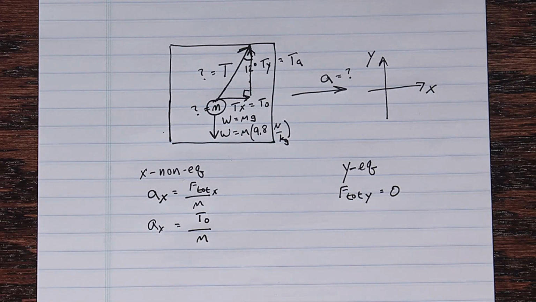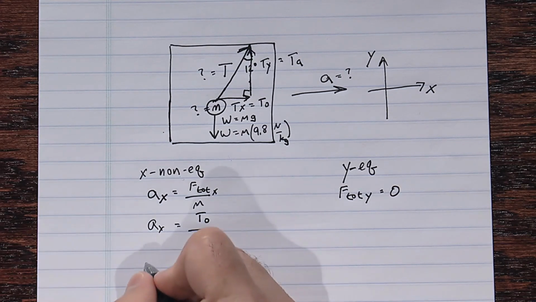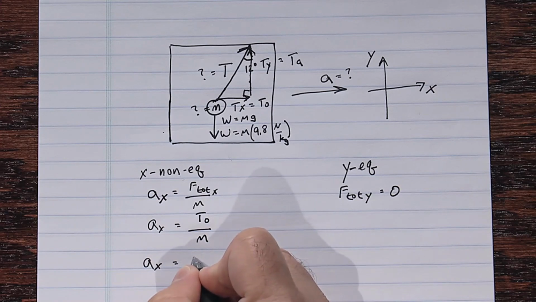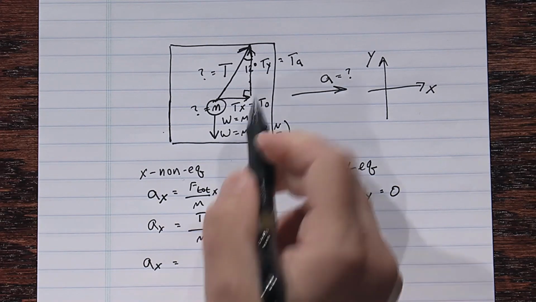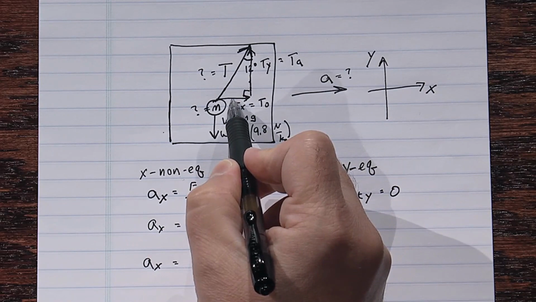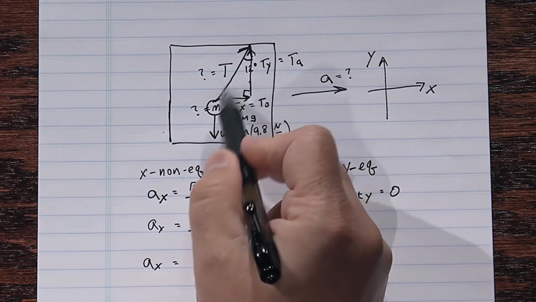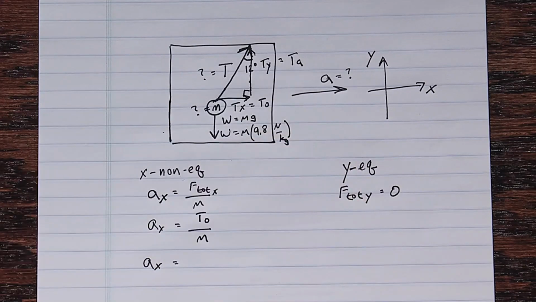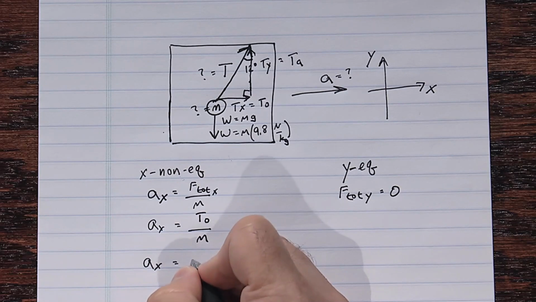Well, there's one thing we can do with t opposite. T opposite is the side that's opposite to the angle, and we know that the opposite side is equal to the hypotenuse times sine of 12 degrees.